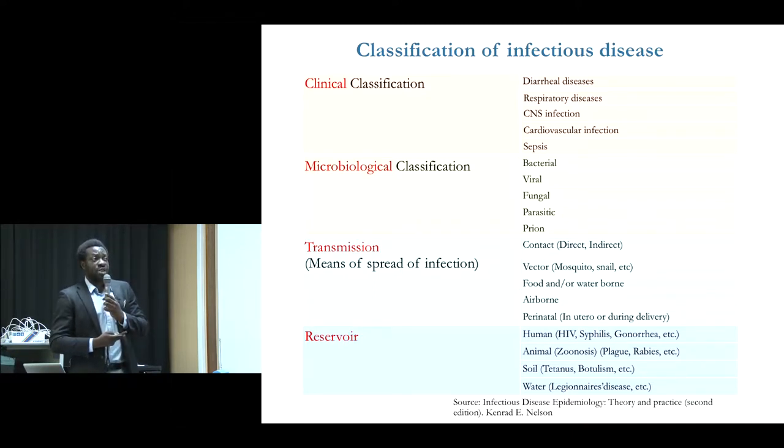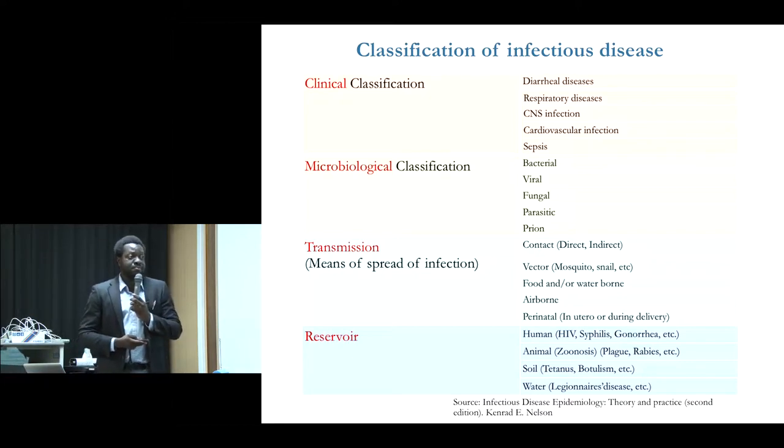There is a microbiological classification as well. Infection can be caused by bacteria, virus, fungus or parasites, or sometimes the prion.